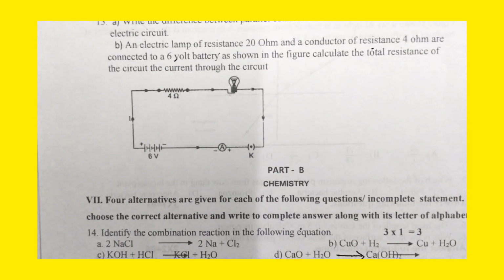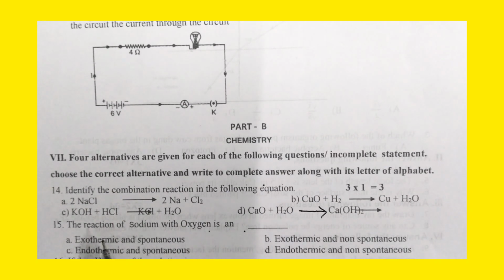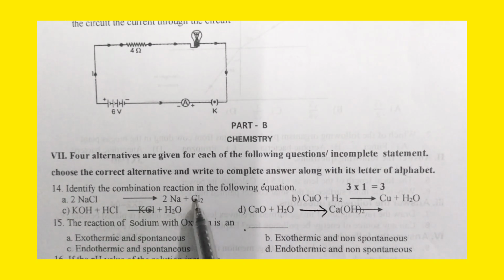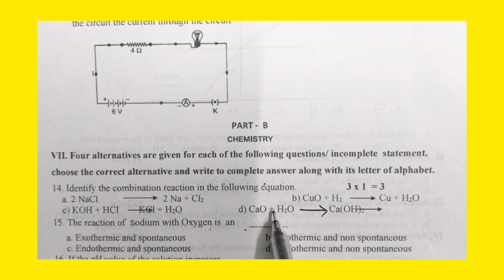The first question, the 14th, is an MCQ. Identify the combination reaction in the following. By observing options A, B, C and D, we can say that the reaction of calcium oxide with water is a combination reaction, because two or more reactants combine together to form a single product.